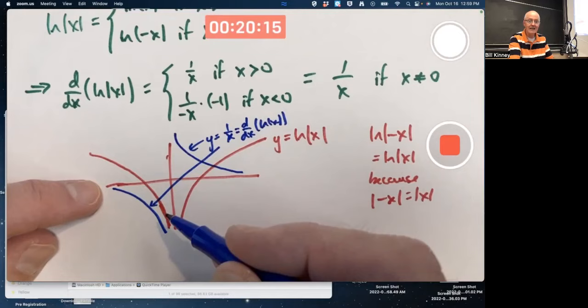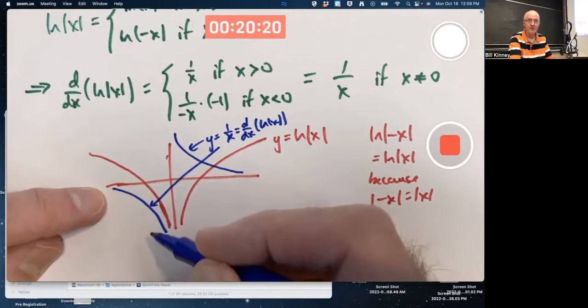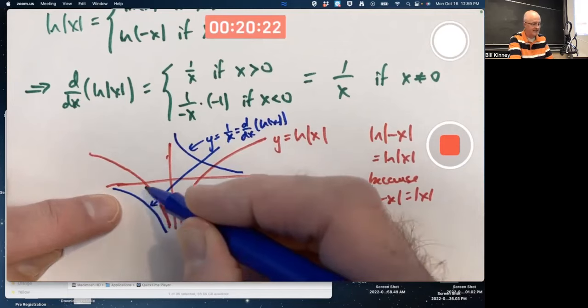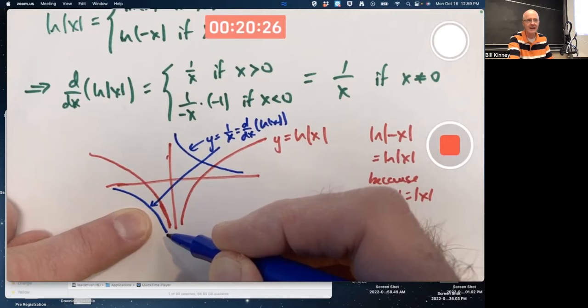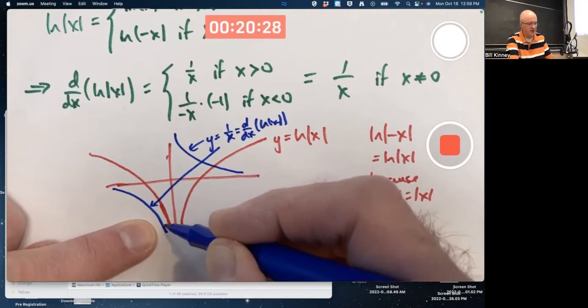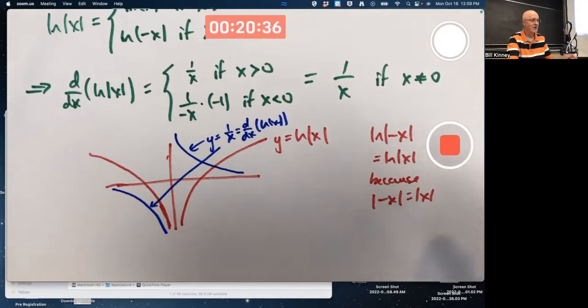Over here, when x is negative, the slope is always negative of the red graph, just like the value of the blue graph is always negative. And as x gets close to 0, the derivative becomes a large negative number, like negative 1,000 or negative 1,000,000, just like the blue graph goes down forever and ever to large negative values. It's not a proof, but it's good to see that it seems reasonable.